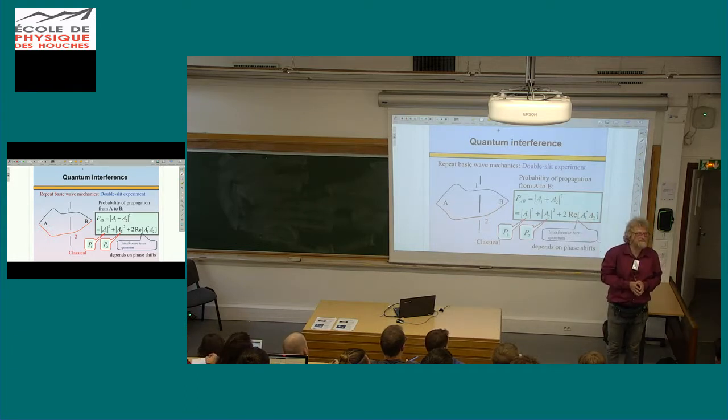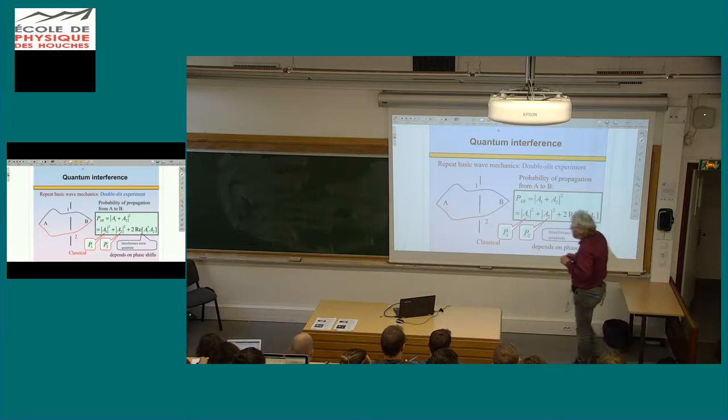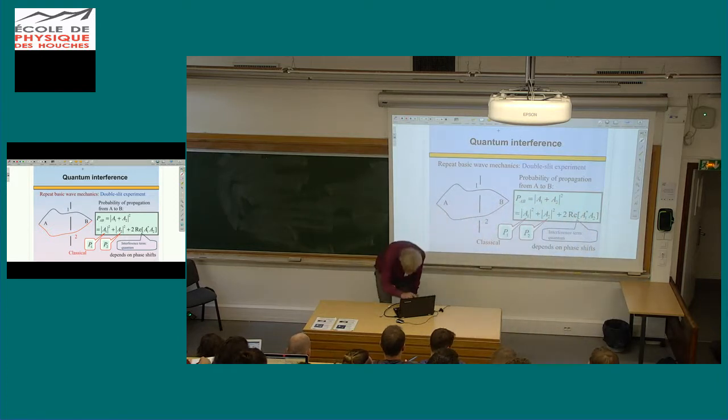Double-slit experiment. So what we have there, let me talk about waves. Let me not specify whether it's a light wave or an electron wave, whether it's quantum mechanics or optics. There are waves propagating from point A to point B through 2 slits. Right? There are 2 paths, here and here.